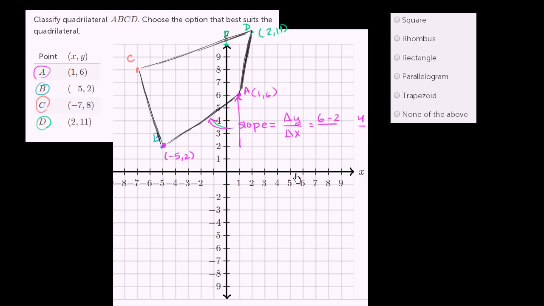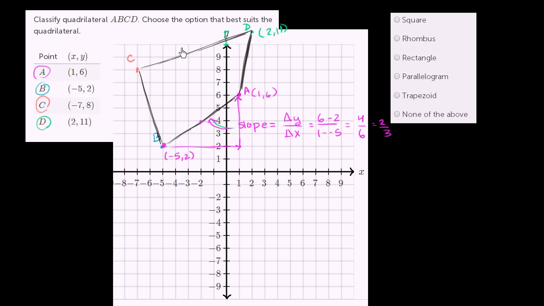What's our change in x? Well, we go from -5 to 1, so we increased by 6. Or another way of thinking about it, 1 minus -5 is equal to 6. So our slope here is 2/3. Every time we move 3 in the x direction, we go up 2 in the y direction.